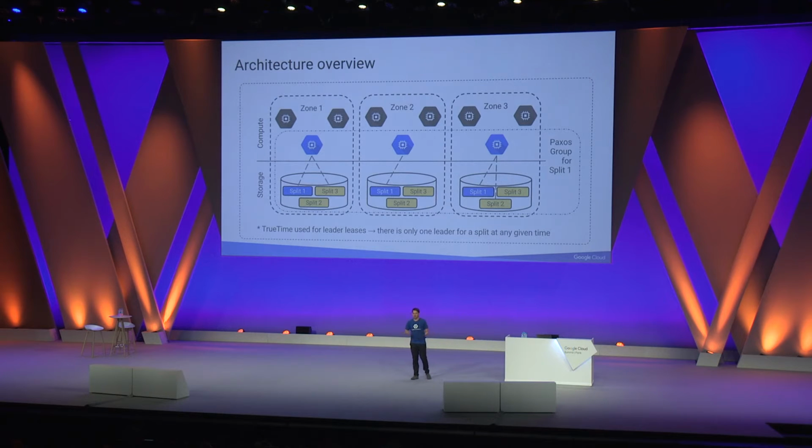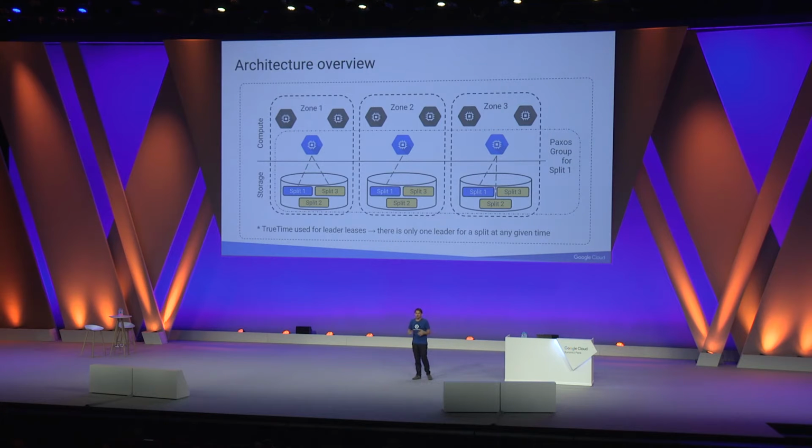What we are using to do this is, on the one hand, Paxos. The Paxos algorithm allows us to vote for a leader with a majority vote. And we need another thing to make sure that we have exactly one Paxos group and exactly one leader for any split. What we use there is something that we invented and called TrueTime.